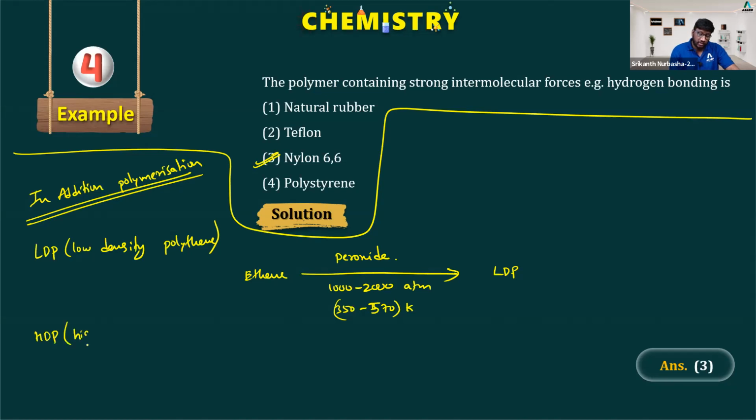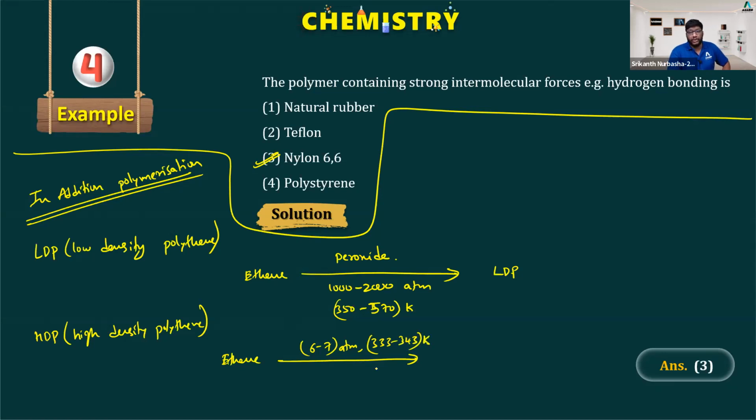HDP is high density polythene. It is obtained by the polymerization of ethene at a pressure of 6 to 7 atmosphere and a temperature of 333 to 343 Kelvin.